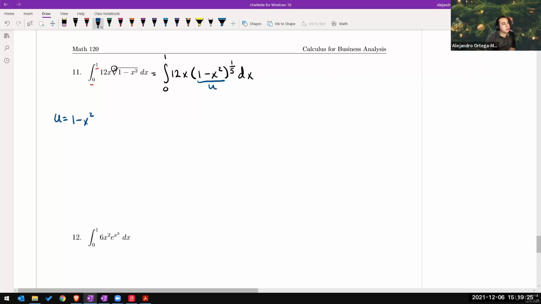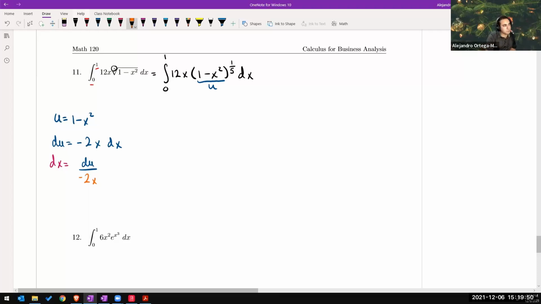Then we go and find the du. The derivative of 1 minus x squared should be negative 2x dx. We solve for dx, and this gives us du over negative 2x.